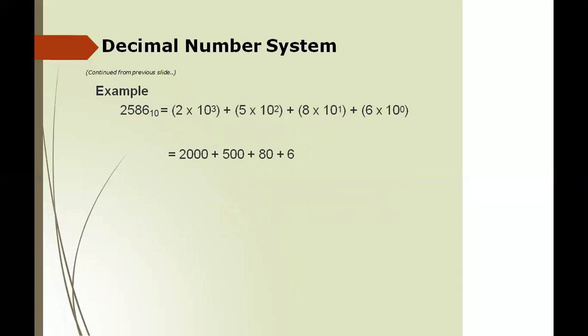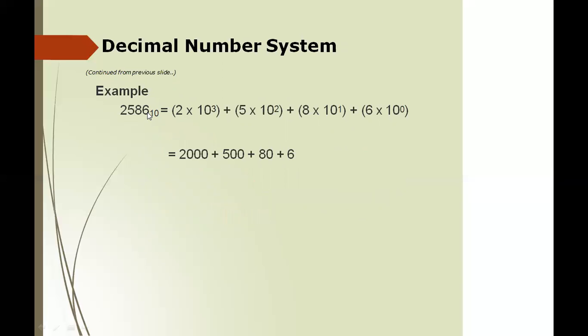In the decimal number system, for example, take the number 2568. We know the positions of all these digits, that is 1, 10, 100, and 1000.